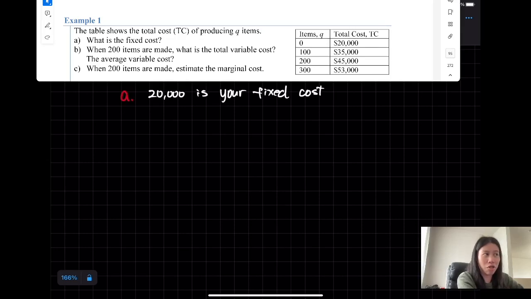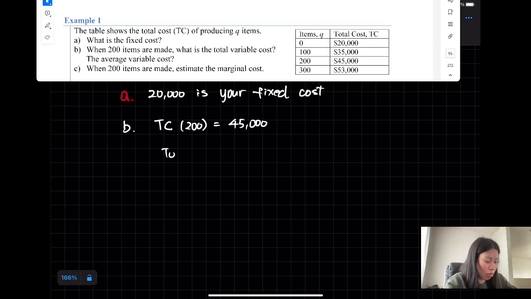So when 200 items are made, what is the average variable cost? So now let's take a look. When you're making 200 items, your total cost is going to be 14,500, right? But that 14,500 includes your fixed cost plus your variable cost, right?